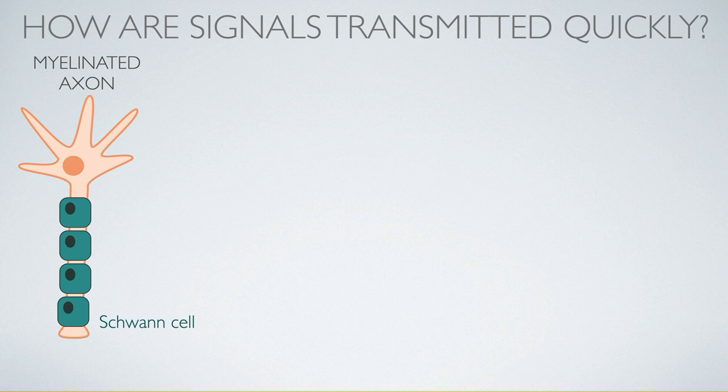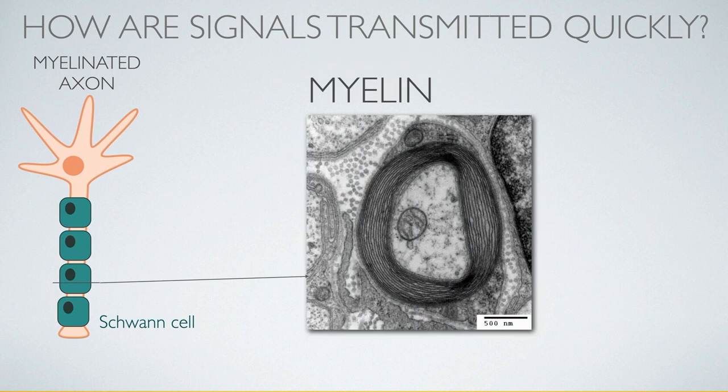And the way that occurs is that over the course of development, the Schwann cell will wrap around and around and around the axon. And so if we take a cross section through a Schwann cell and an axon, that's what we see here. So here's the cytoplasm of the axon, and all of these little rings, it almost looks like rings in a tree trunk, those are the cell membrane for a single Schwann cell.